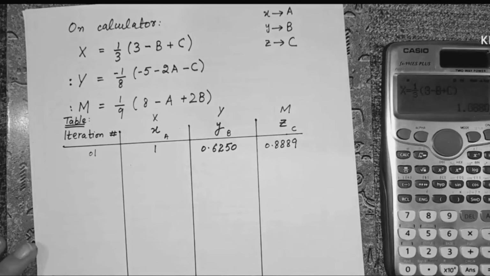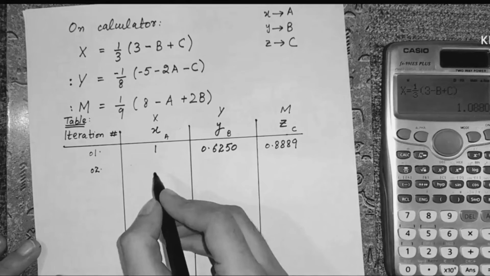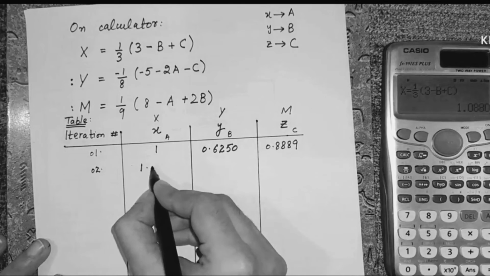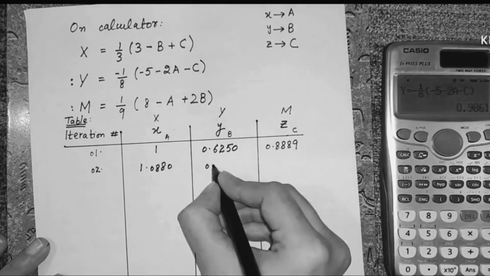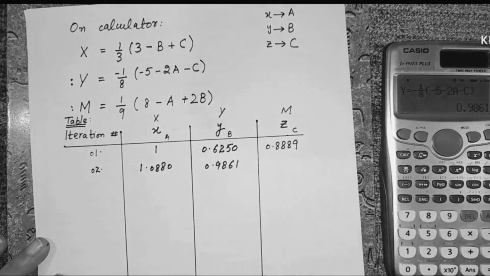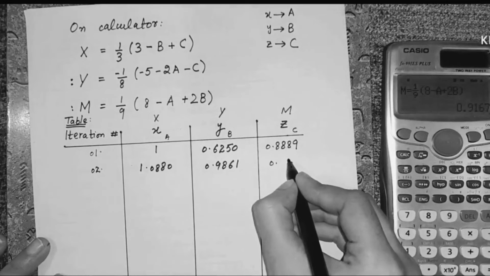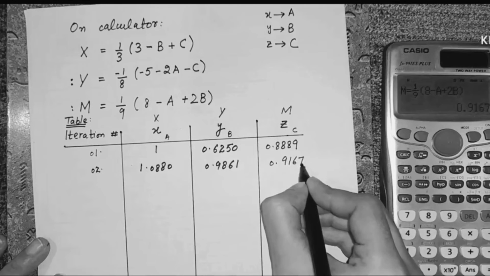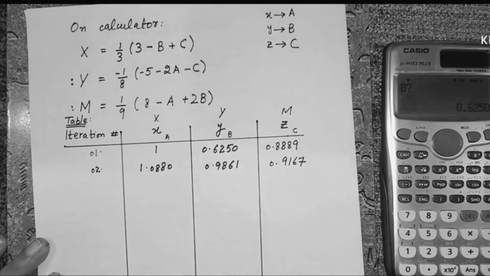Now the next iteration, this is the second iteration. This is 1.0880. Press equal to, 0.9861, equals 0.9167.